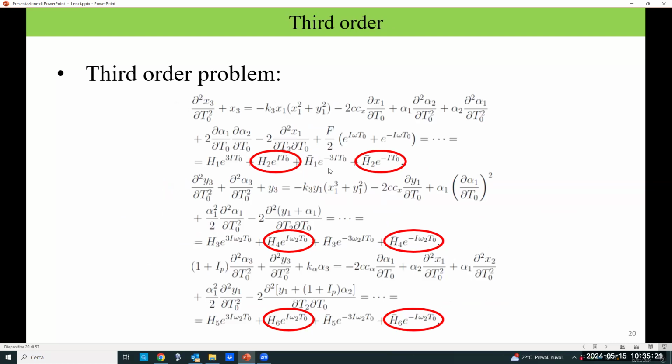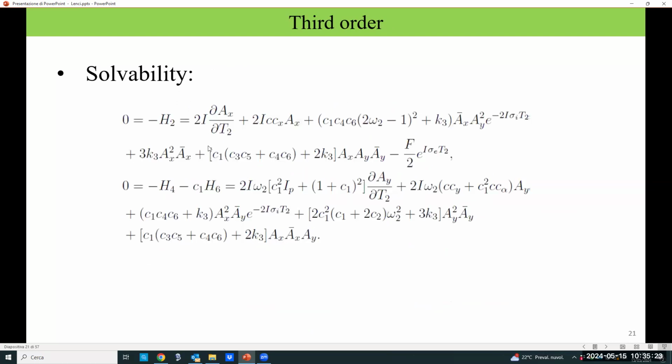You have to avoid the secular behavior, so you have to introduce some solvability conditions. I will go very, very fast because my talk is not on the technicalities of the multiple time scale method. If someone is interested, they can contact me, or there are some books, mainly by Nayfeh, that are very helpful.